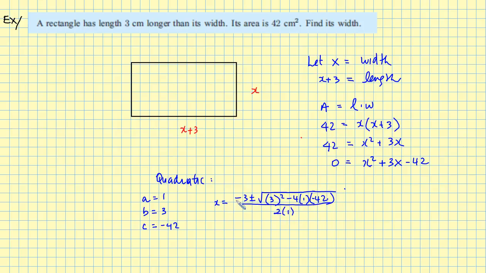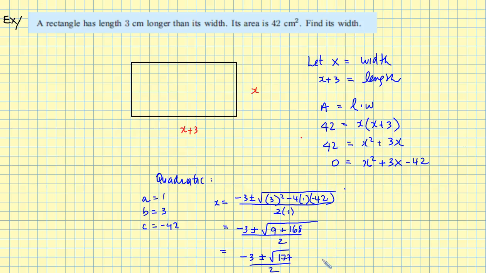This will be my value of x, so that I will have negative 3 plus or minus the square root of 9 plus 168, all divided by 2, which will give me negative 3 plus or minus the square root of 177, all divided by 2. That's my answer.